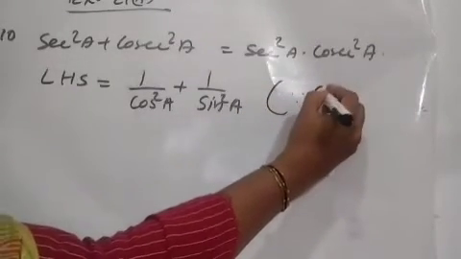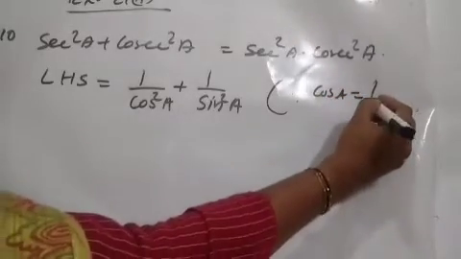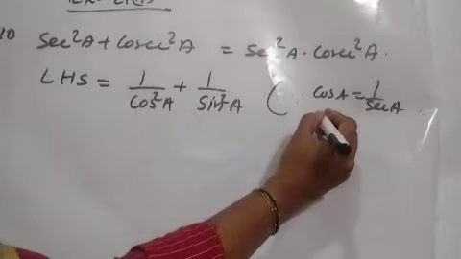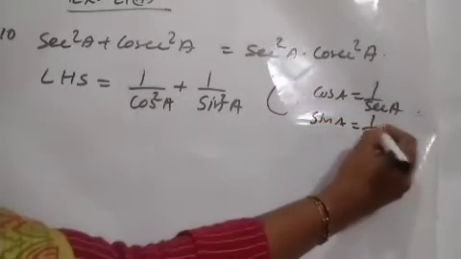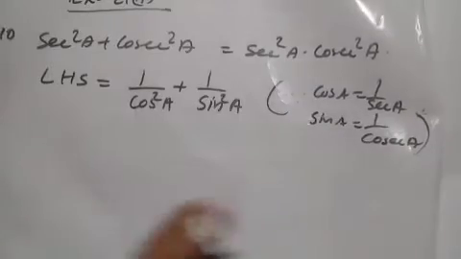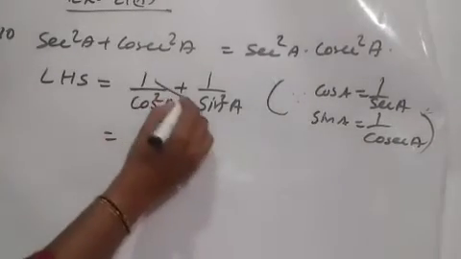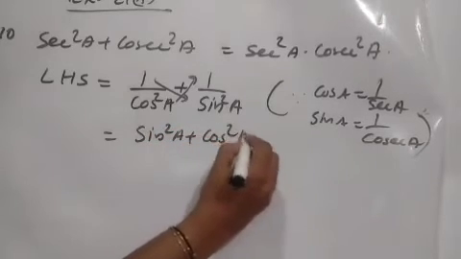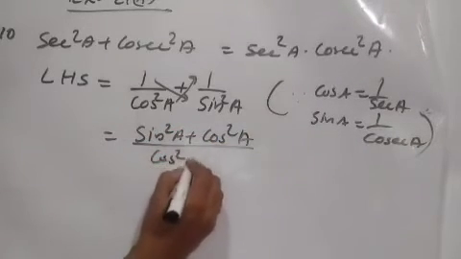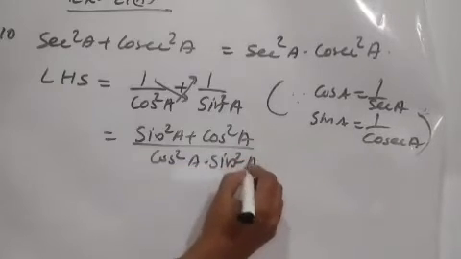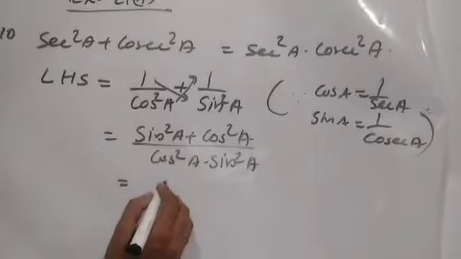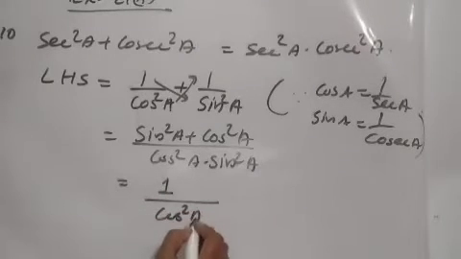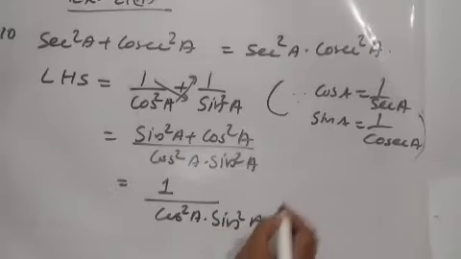Since cos A is the reciprocal of sec A and sin A is the reciprocal of cosec A. So we substitute this. Cross multiply: sin square A plus cos square A by cos square A into sin square A. What is sin square A plus cos square A? It's an identity, no? 1 by cos square A into sin square A.